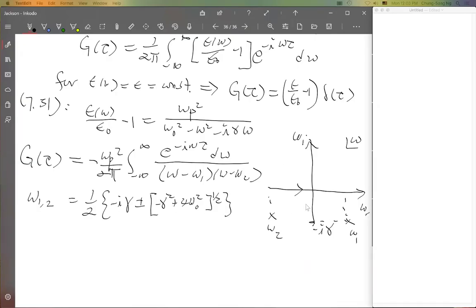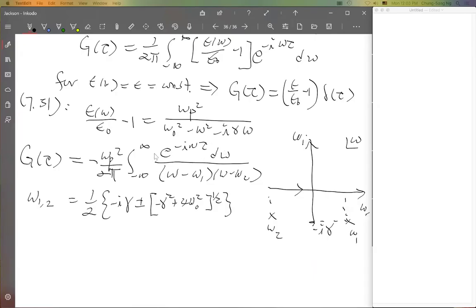Now, to do this integration, first you notice there's the exponential factor here. This exponential factor will allow us to close the integration by going around a loop. You try to close it along a big circle so that the integration along the circle will be 0.